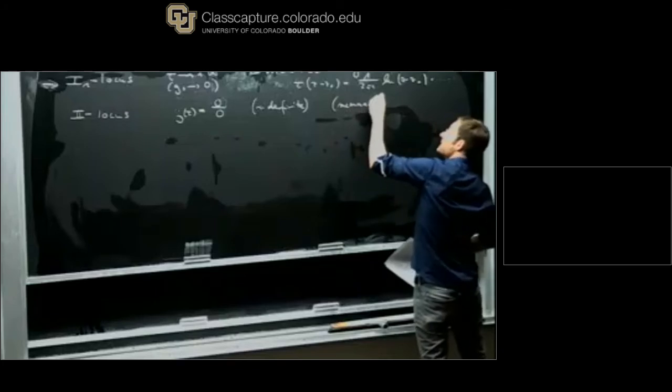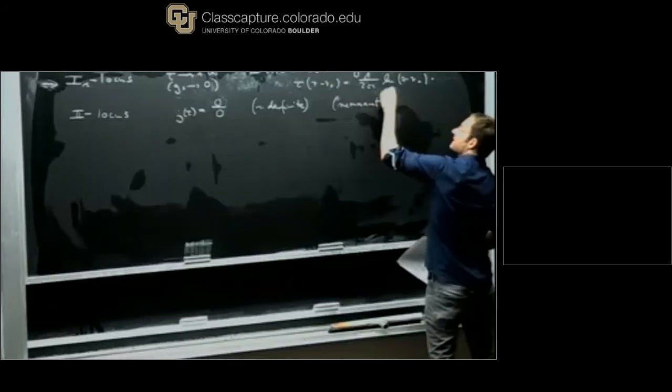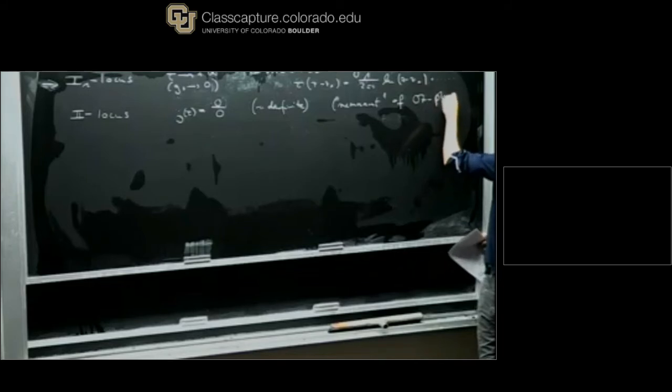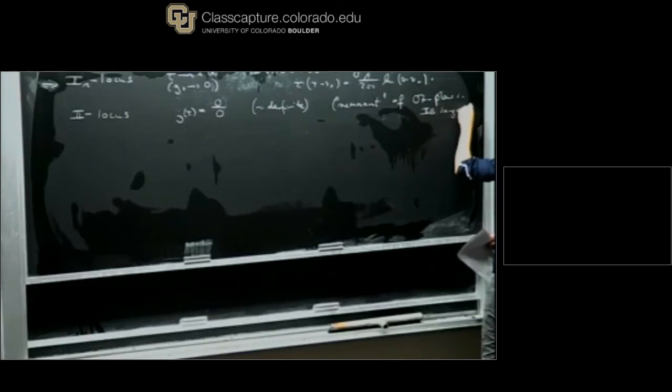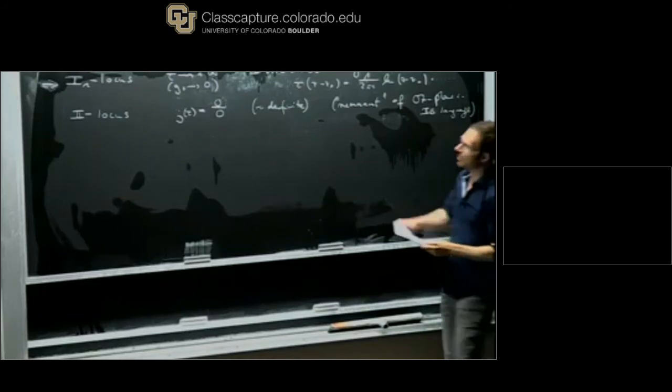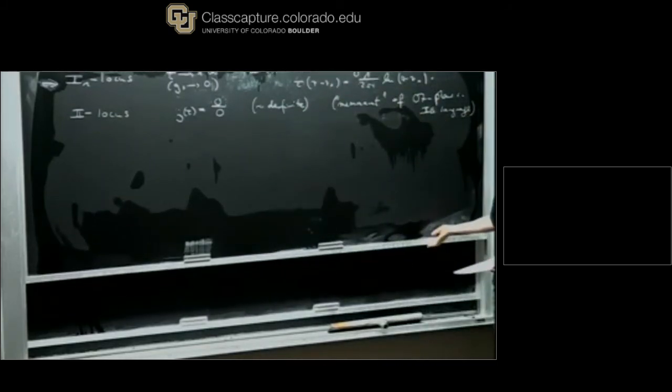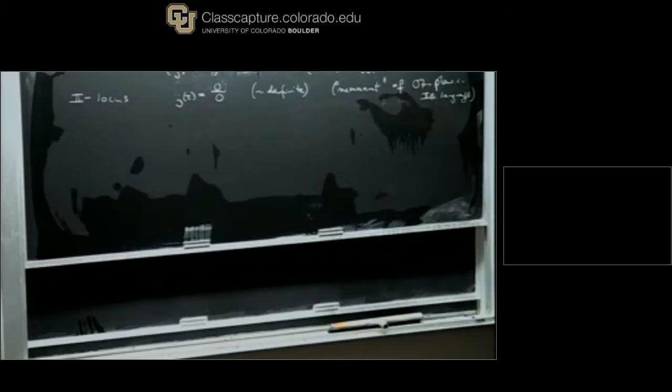This is something that happens in codimension 2 anyway, a remnant of, if you're familiar with this, the O7 plane in 2B language. So it's a locus on the brane where somehow the remnant of the O7 plane can still be seen in this way. So it's a non-perturbative locus.